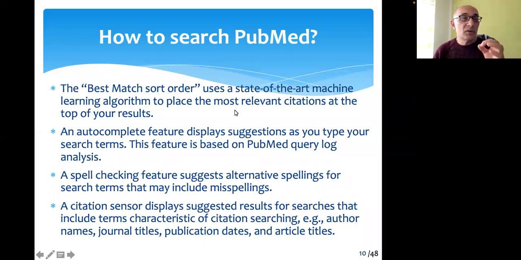PubMed, as many of the contemporary search engines, uses an artificial intelligence supported search methodology. It enables many user-friendly options. For example, there is this best match sort order.